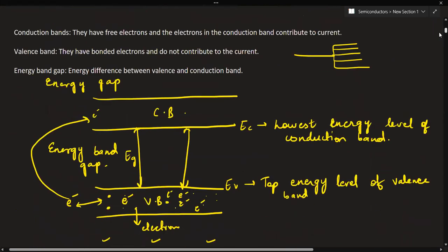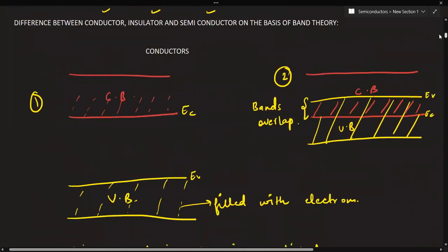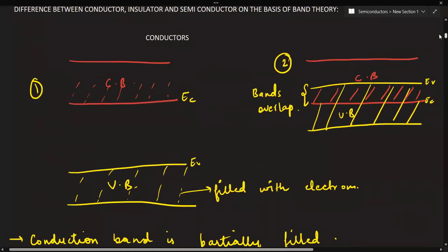If we have to differentiate it on the basis of energy band theory, the energy band theory says that in conductors, the conduction band has partly filled electrons, or the valence band has completely filled electrons. Now see what can happen.